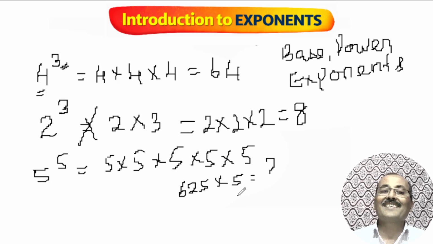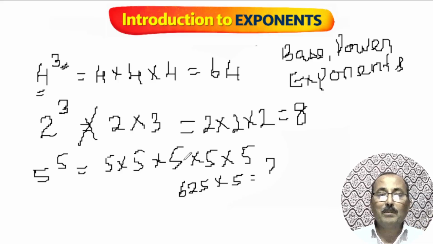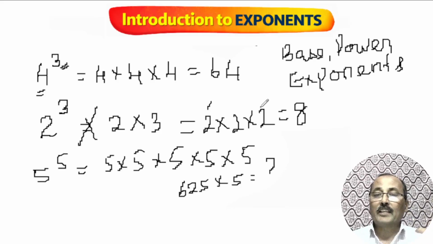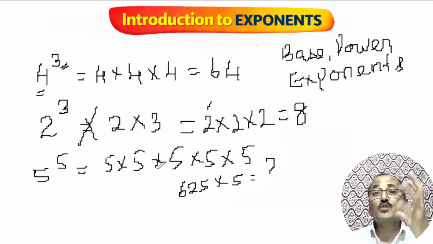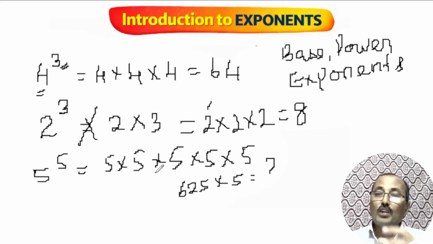You can guess the answer because you know multiplication, but how big is it? With 2, the number doubles every time: 2 into 2 is 4, 4 into 2, it doubles every time. But here it becomes 5 times each time. 5 becomes 25, 5 times. 25 becomes 125, that is 5 times. Like that it goes on.